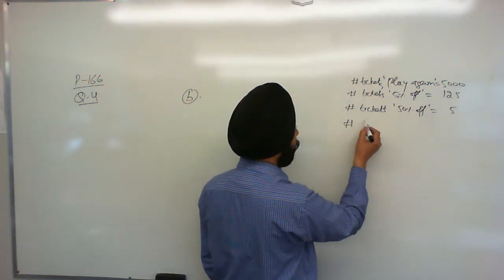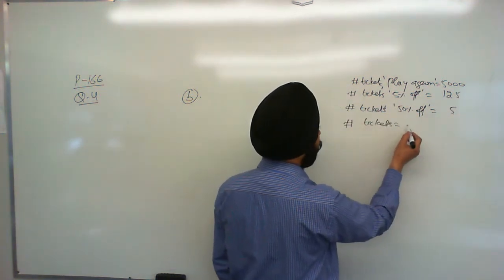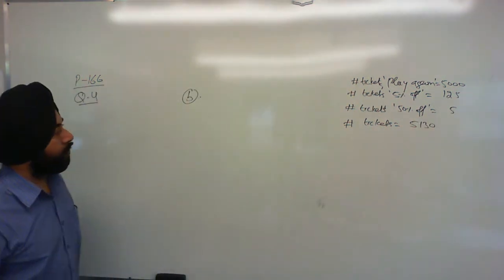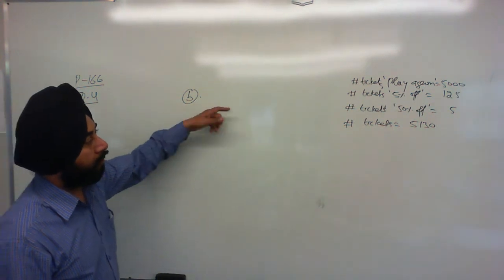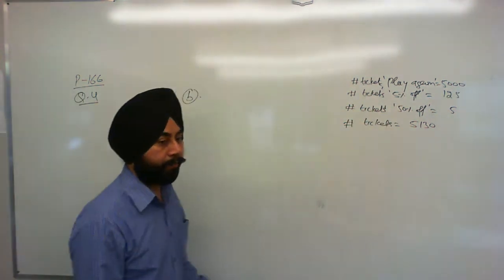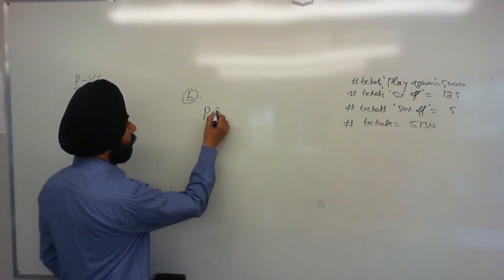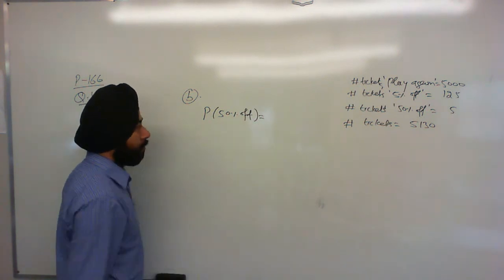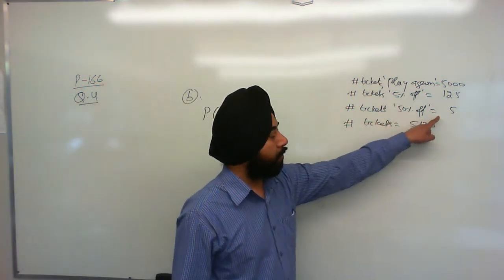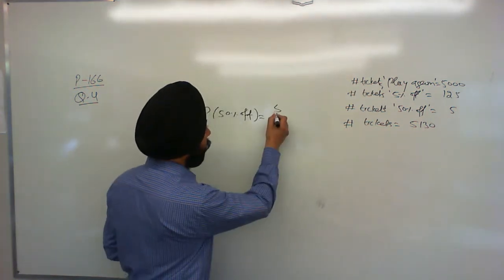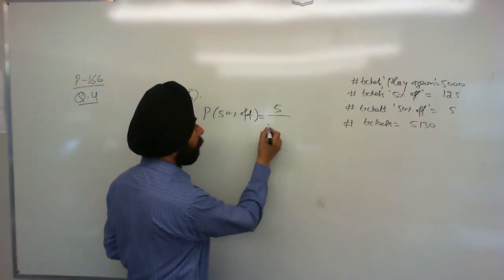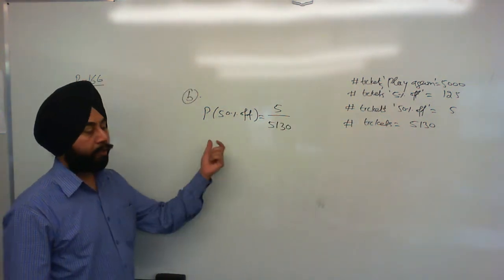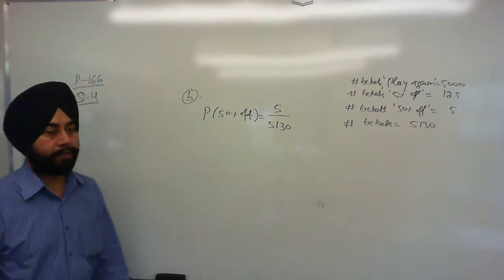So the total was the sum of these three, 5,130. Now, what's the probability of getting a ticket that says 50% off? How many tickets say 50% off? 5. And how many total tickets are there? 5,130, because in probability the bottom number is the total number of events.